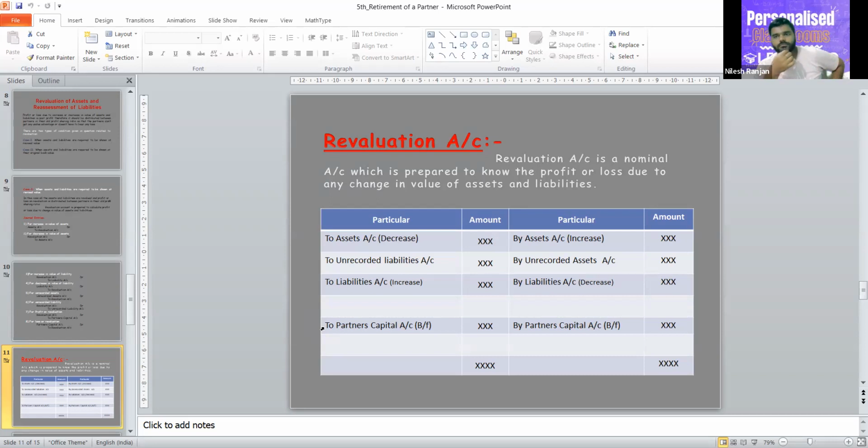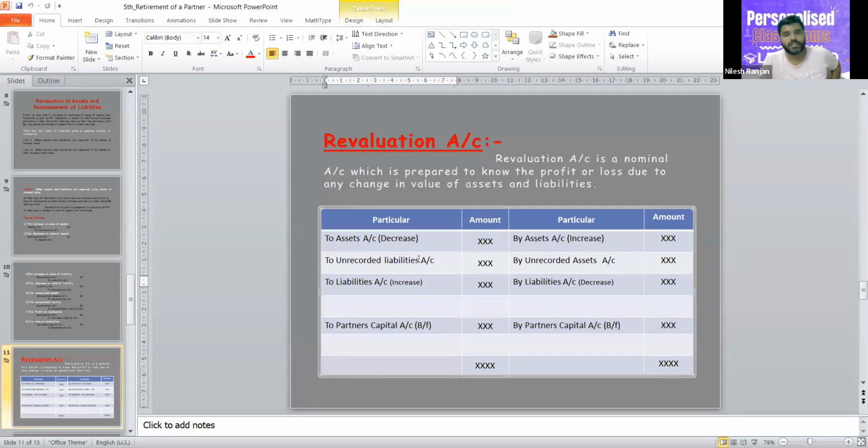Debit all expenses and losses, credit all incomes and gains. So at the time of revaluation, if there is any loss or expense, it will be written on the debit side. If there is any profit, it will be written on the credit side.